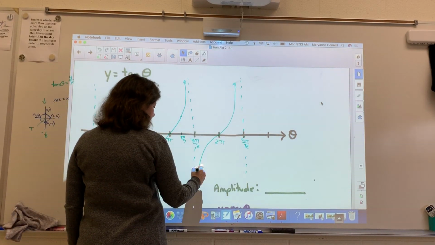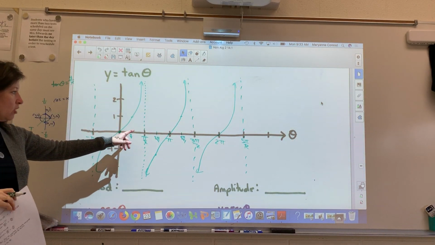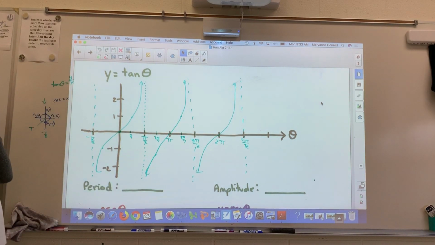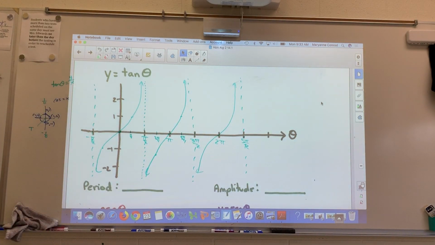Okay, what are some important features to notice? It always goes through 0, at pi, at 2 pi. So at 3 pi, at 5 pi, it will be going through 0. Vertical asymptotes are at the multiples of pi over 2, odd multiples, I should say. So what would you say the period of this is?